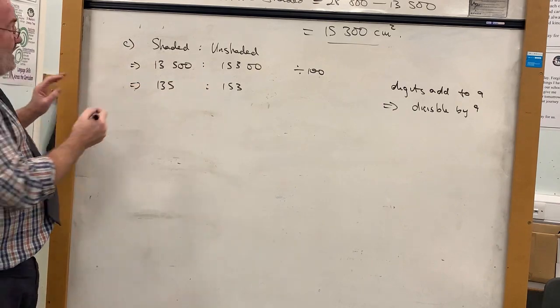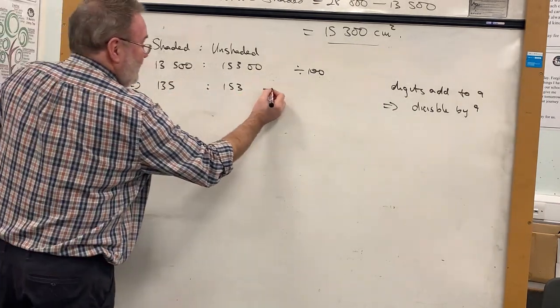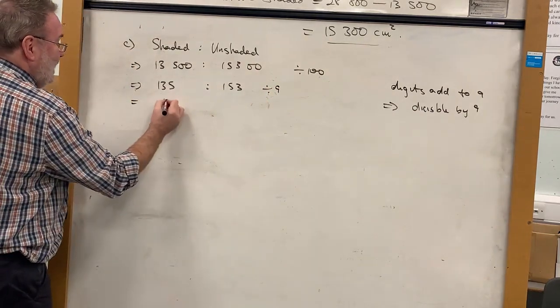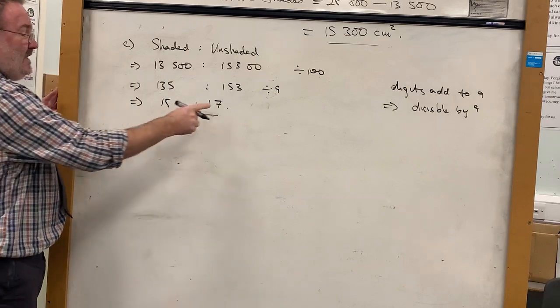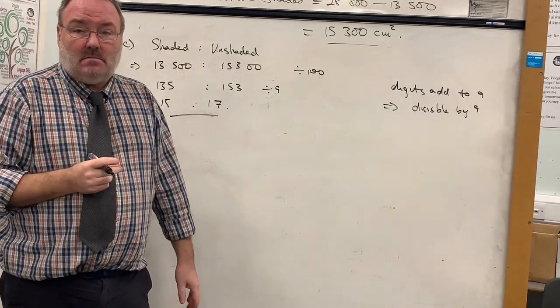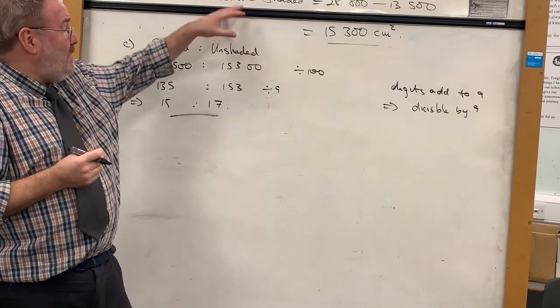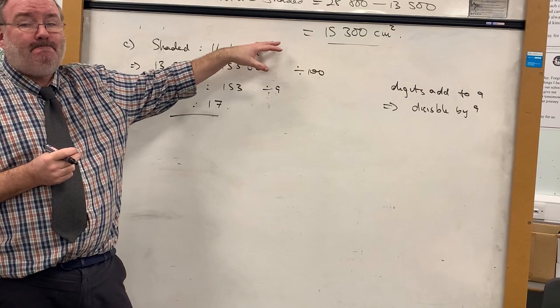So the digits add to 9. 1 and 3 and 5 is 9, 1 and 5 and 3 is 9. So we can divide both of them by 9. And if you do, you would get 15 to 17. Now that's difficult. The last bit is difficult. But maybe you get it, maybe you won't. But you certainly should have no problems getting to that point. Okay?